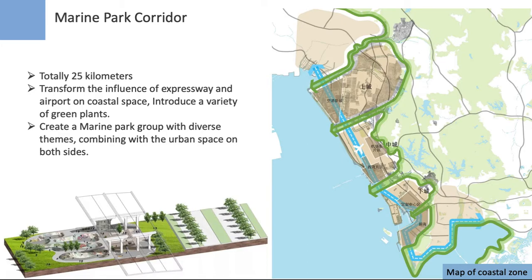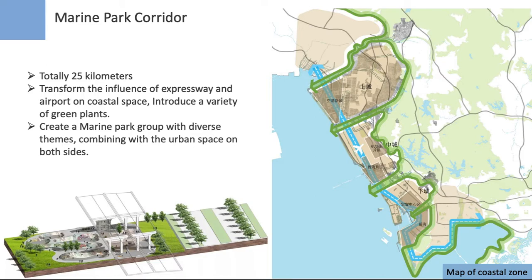This part is a marine park corridor. We can see this map of the coastal zone. This is the airport, and this is the city overall.